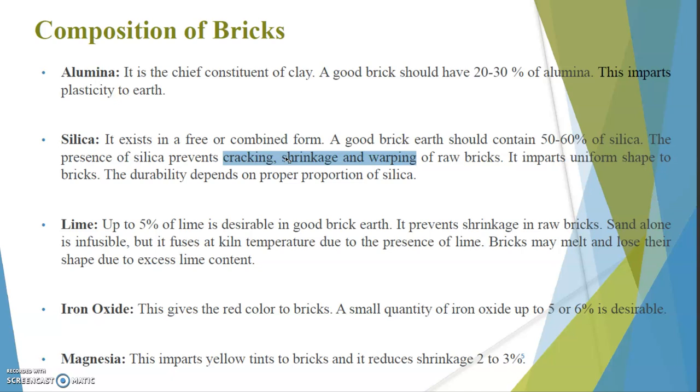To avoid that shrinkage, we should have enough amount of silica, as mentioned. Right, and warping of raw bricks. What is meant by warping? You would have seen this phenomenon with respect to timber or any wooden slates or plates, plywood sheets.